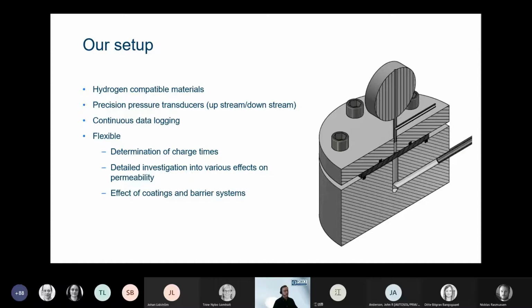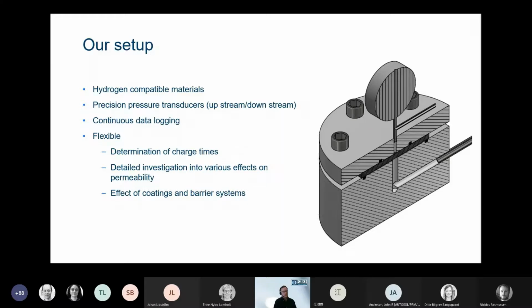The reason we want to determine the charge time is that one thing is to look up in the literature how fast something permeates through, but another is to see it on the actual component you have. Among other things, that's what we are using it for at this point: to see how long it needs to charge before we can subject it to other tests.